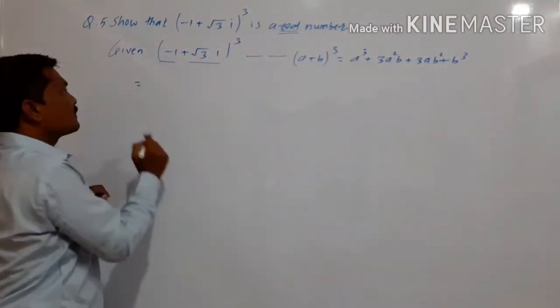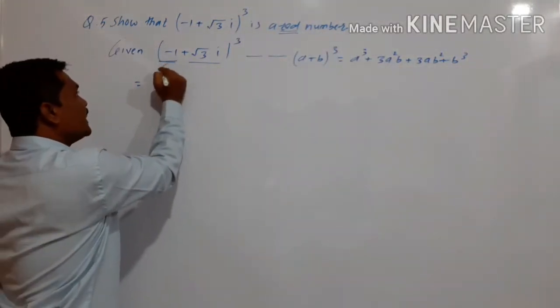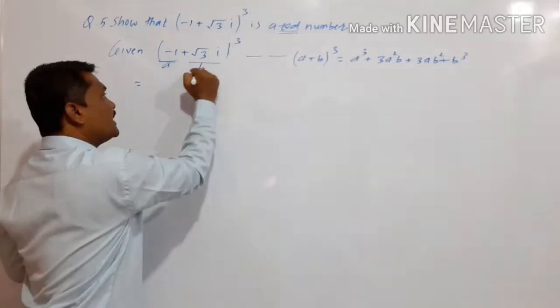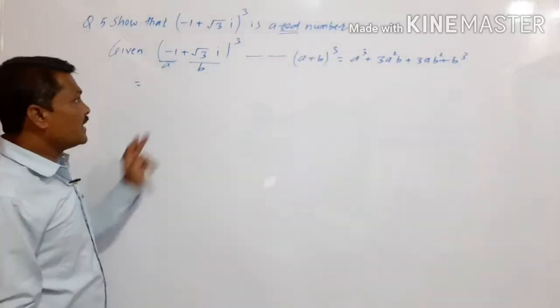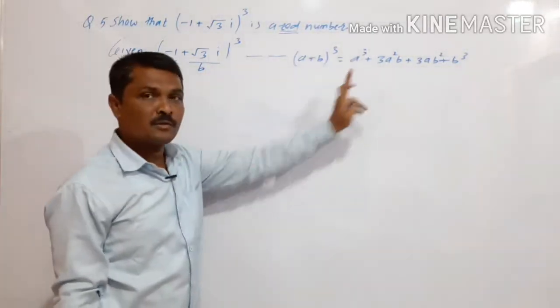Now look at our problem. What is the value of a? It is -1 and b is √3i. Expand this bracket according to our formula.